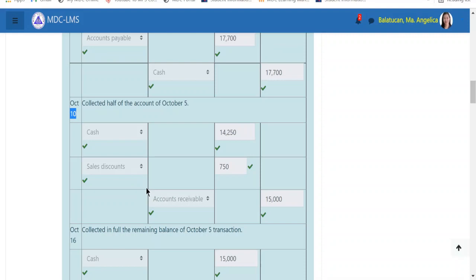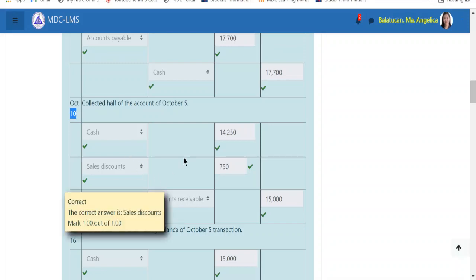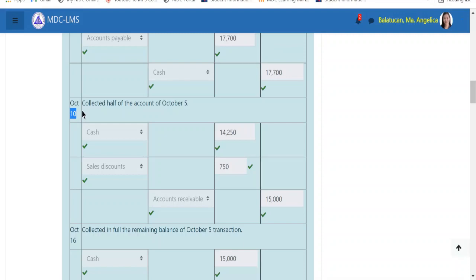But instead of debit, that will be credited. Okay? If we are the buyer, we credit a purchase discount if we're able to avail of a discount. But since in this problem, we are the seller here, we record a sales discount.